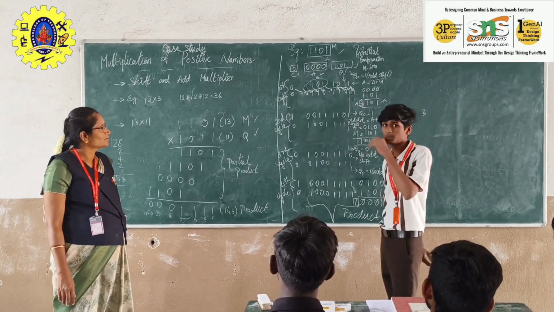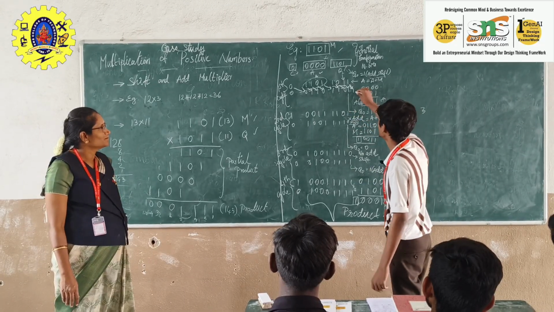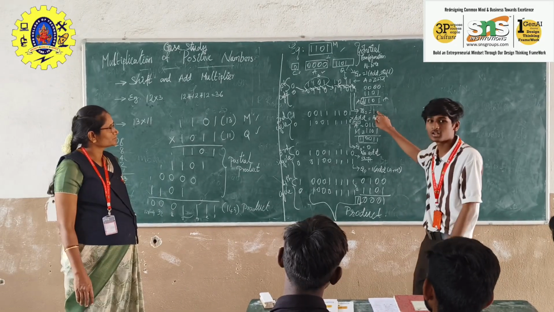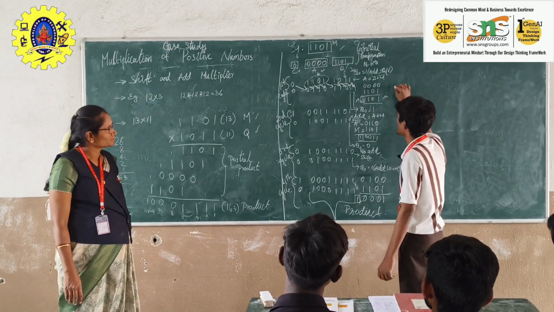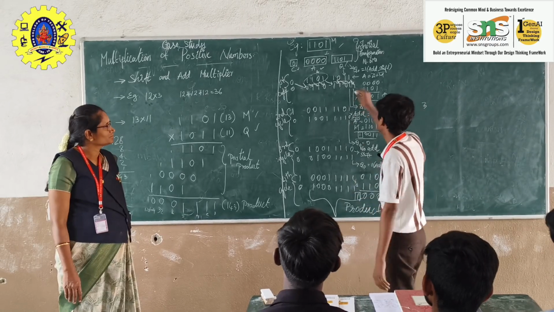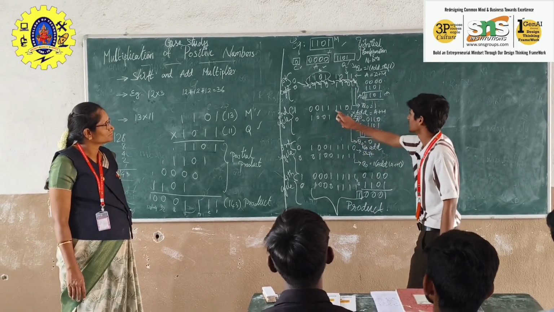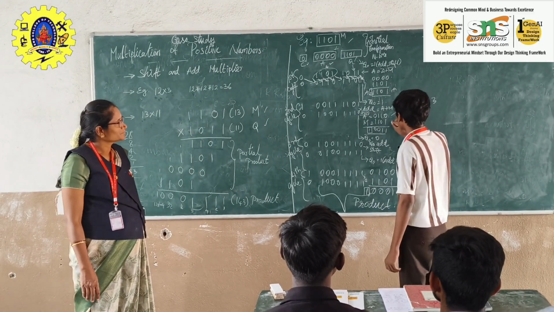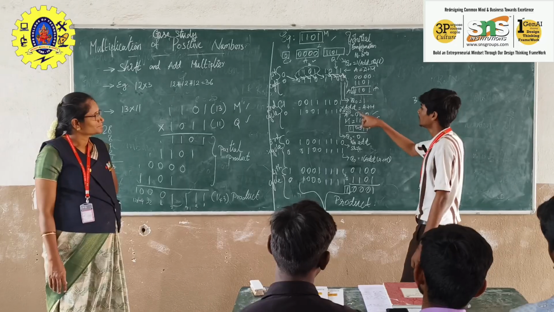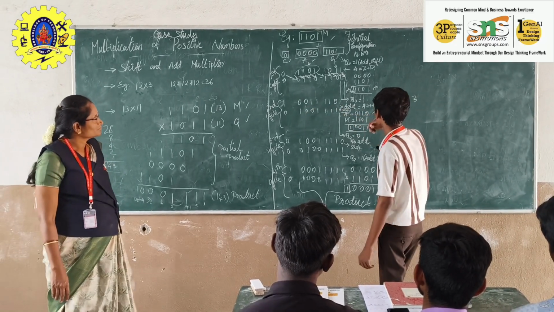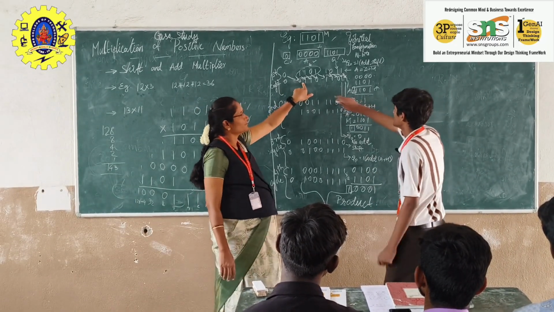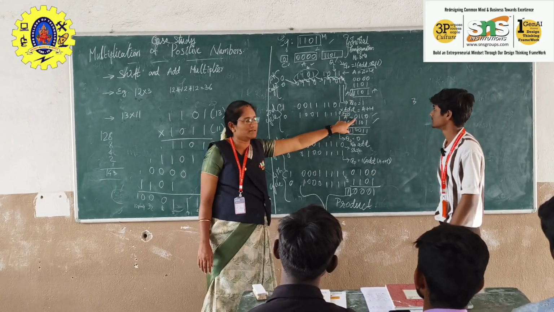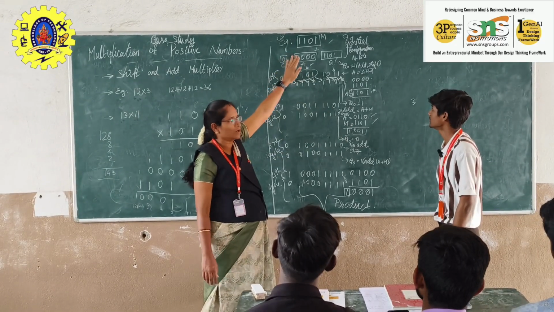Next, we check the last bit of Q, whether it is 1 or not. If it is 1, we add and shift. So here it is 1, and we add A and M. The first cycle A value is 0, 1, 1, 0, and the multiplicand is 1, 1, 0, 1.